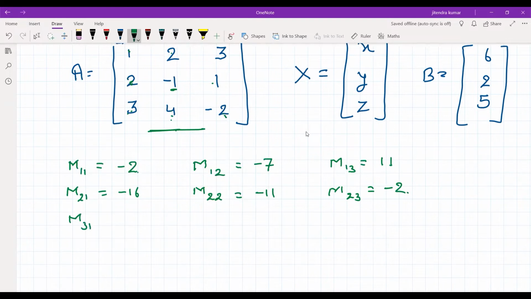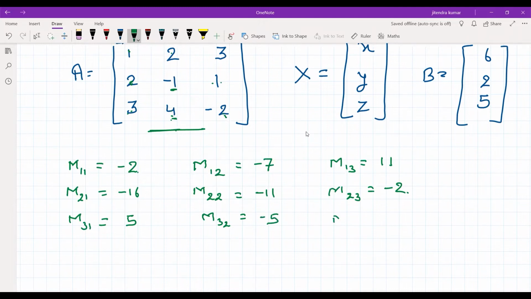Then M31 will be equal to 2 plus 3, which is 5. Then M32 will be equal to 1 - 6, that is -5.